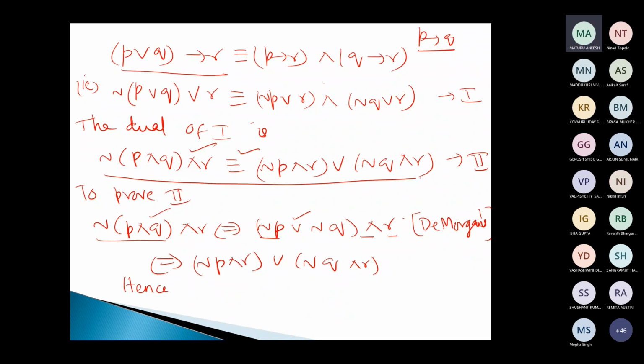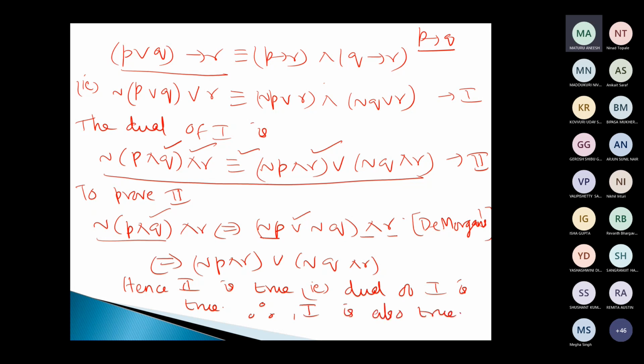We need to prove this statement, so I am taking the left side. I started with the left side and arrived at the right side. That means I proved this statement 2, that the dual of 1 is true. So whenever the dual of the statement is true, the statement is also true. Hence, 2 is true, that is, dual of 1 is true. So therefore, 1 is also true.